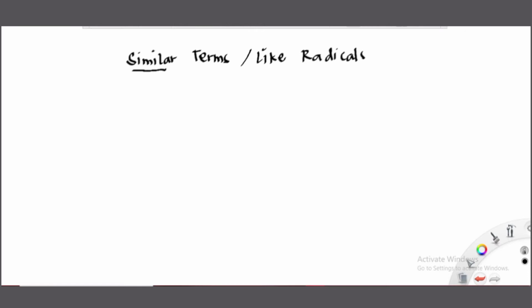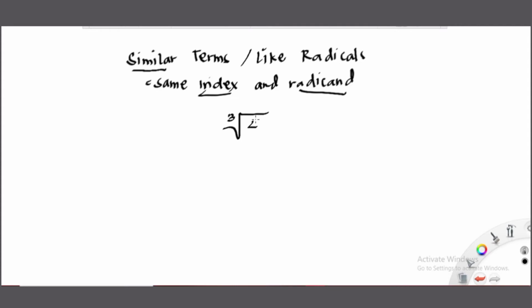How can we know that radicals are similar or like? Masasabi natin na ang radical expressions ay similar or like radicals if they have the same index and radicand. So, ano nga ulit yung index and radicand na yan? If we have, let's say, the cube root of 4, the index is this small number on the upper left of the symbol.